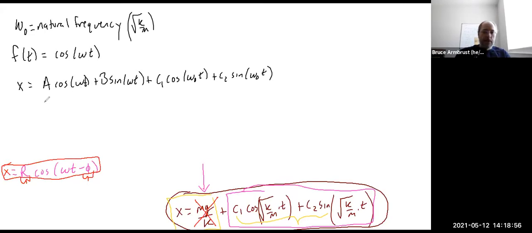And the resulting function looks something like this. If we look at the motion, we're going to see oscillation that builds and then gets smaller, and then builds and gets smaller, and so on.